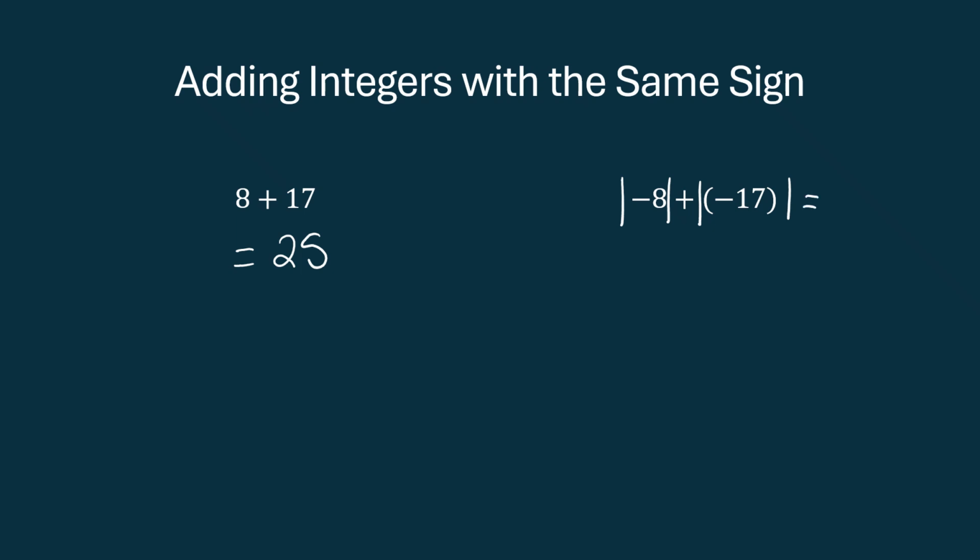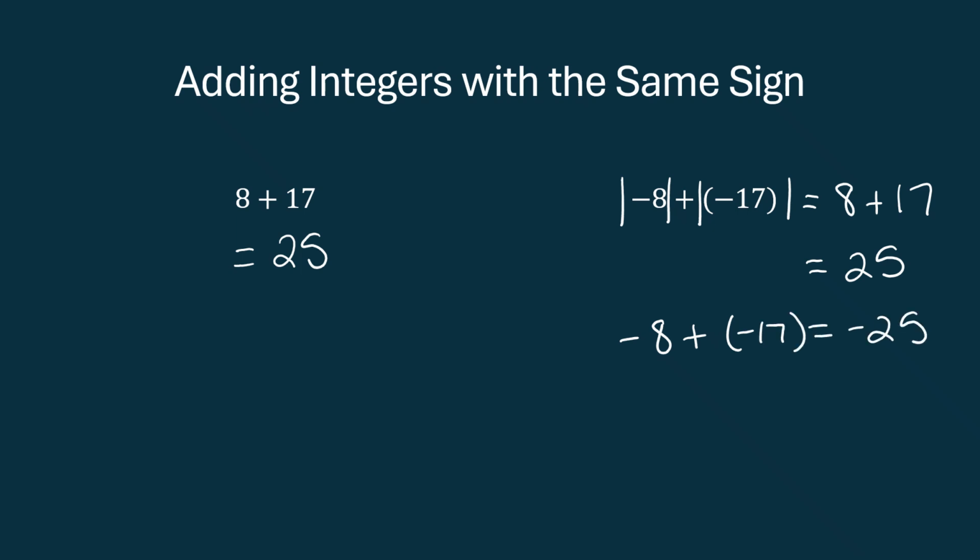Absolute value of negative 8 is positive 8, and absolute value of negative 17 is positive 17. And we're just going to add those like normal and get 25. But again, because the original two integers were negative, the resulting integer is going to be negative as well. So instead of positive 25, we get negative 25.